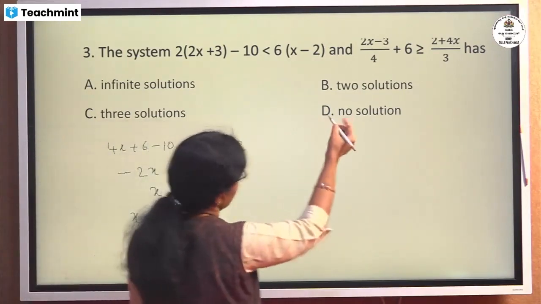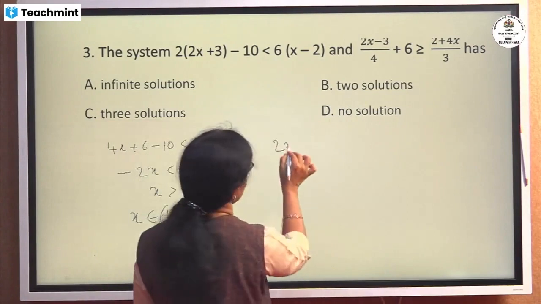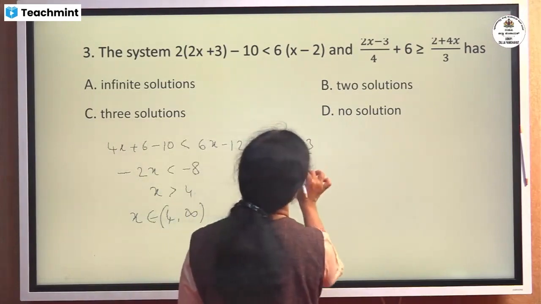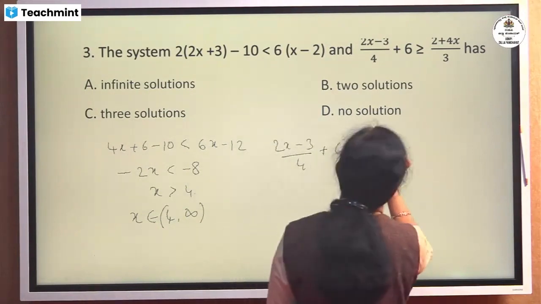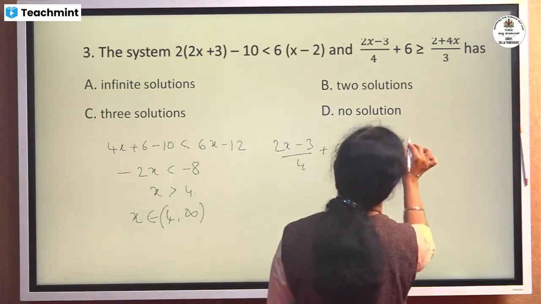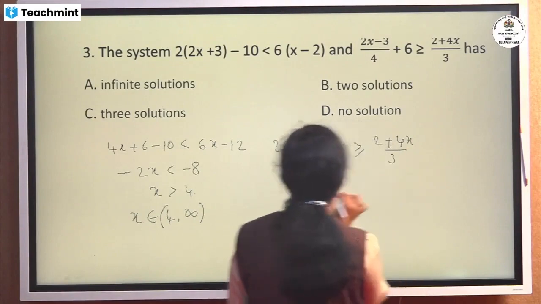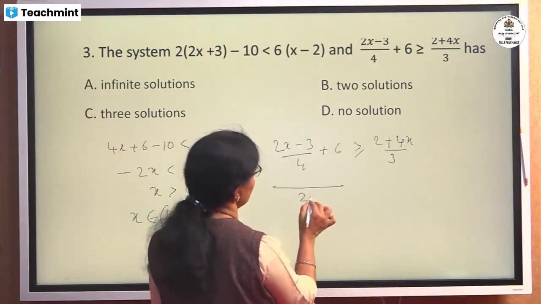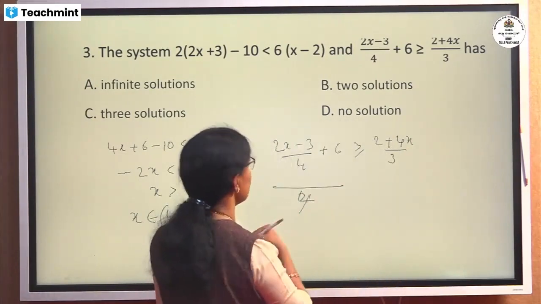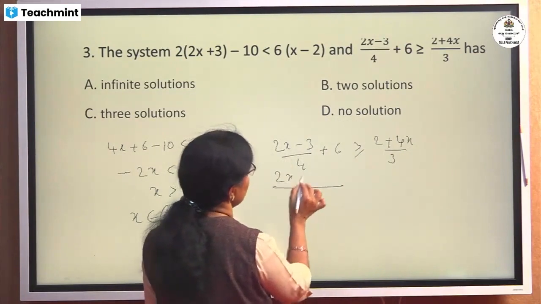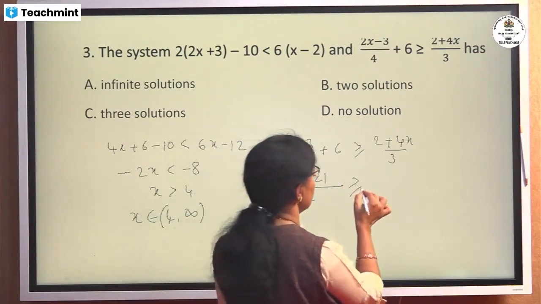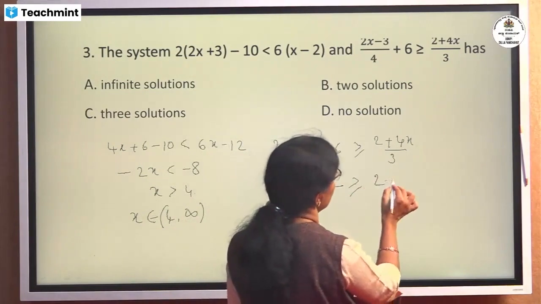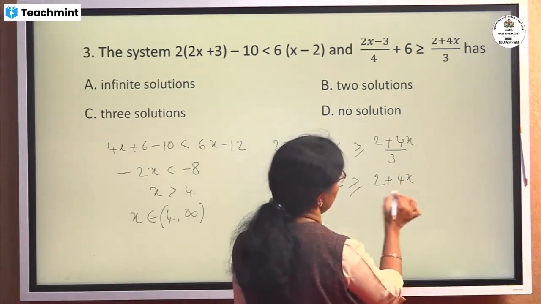So here the second inequation is (2x minus 3) divided by 4 plus 6 greater than or equal to 2 plus 4x divided by 3. So here the LCM is equal to 4. 2x minus 3 plus 24, that is equal to 21, greater than or equal to 2 plus 4x divided by 3.